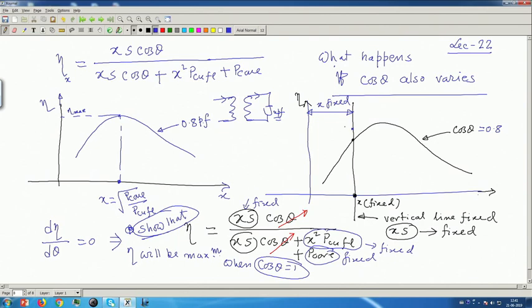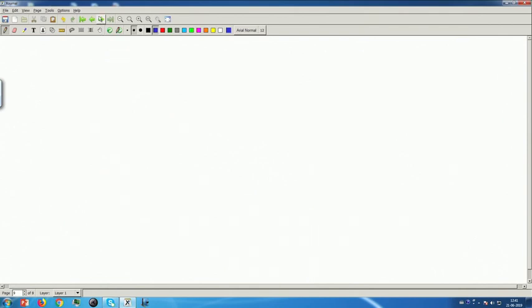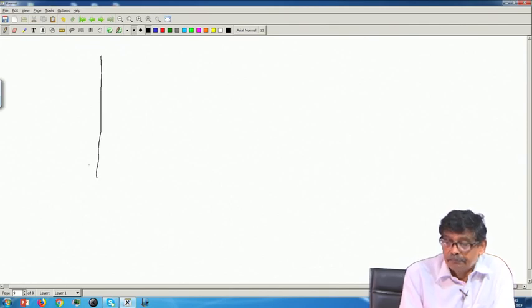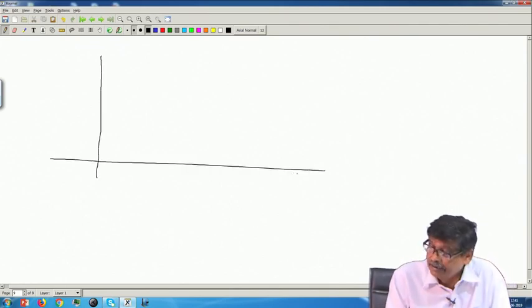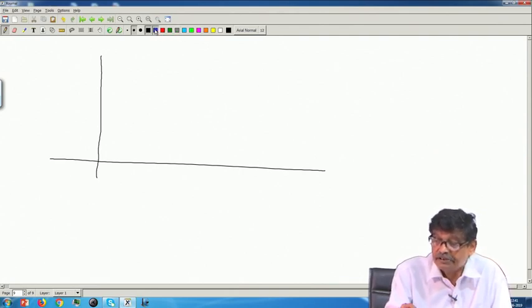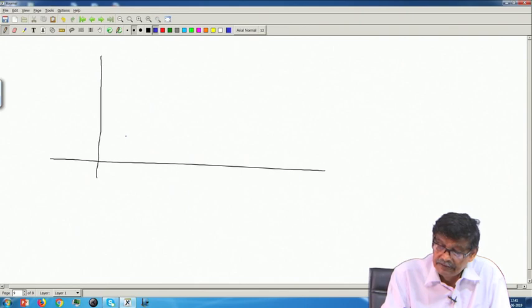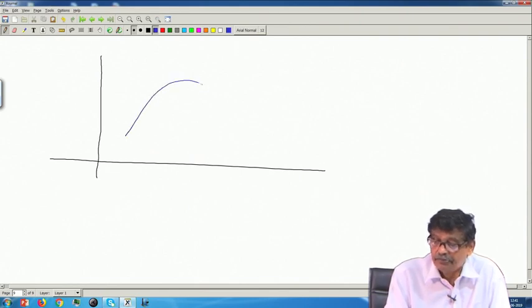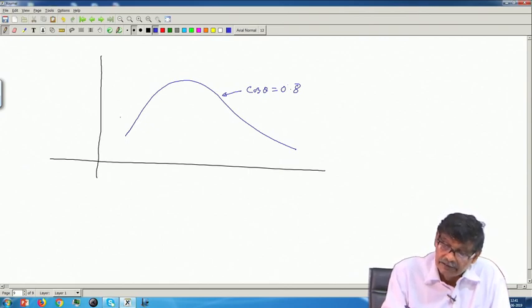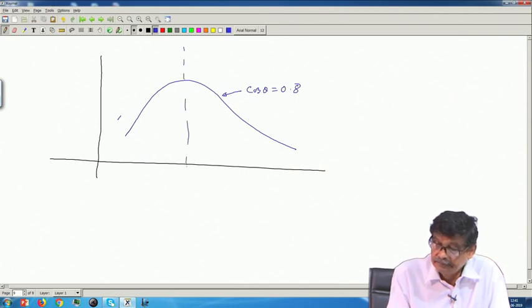In other words, next page I will draw. This is quite interesting to note: now I can complete these efficiency versus x curves by drawing a family of curves. Suppose this is at cos theta equal to 0.8. The curve will be above it, and draw a vertical line here.